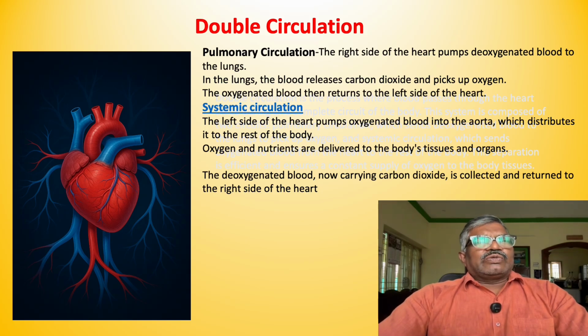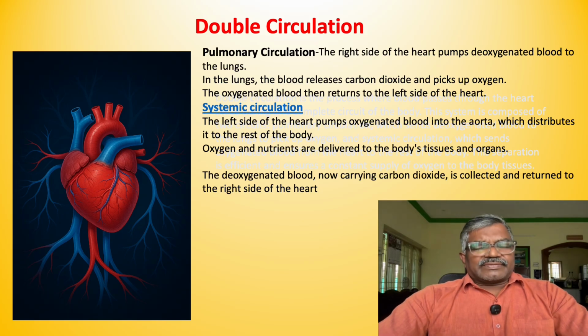Right atrium to right ventricle and left atrium to left ventricle. Now the ventricles are filled with blood. Right hand side is deoxygenated blood, and the left hand side oxygenated blood. Now first the atrium will shrink, now the ventricle will shrink.